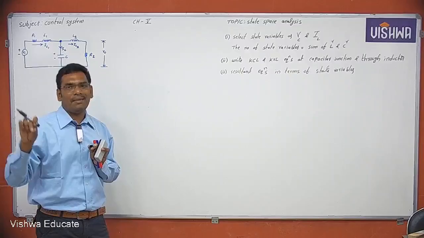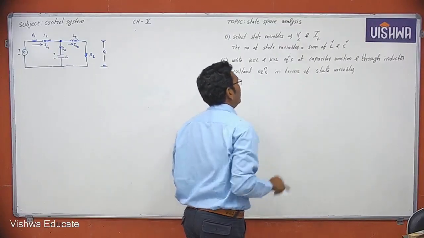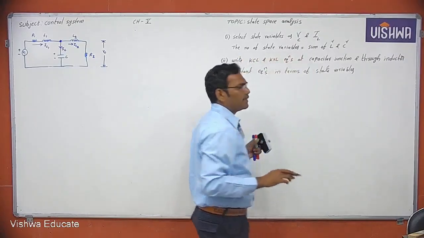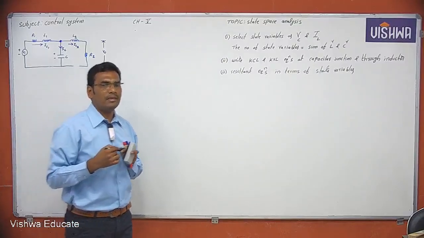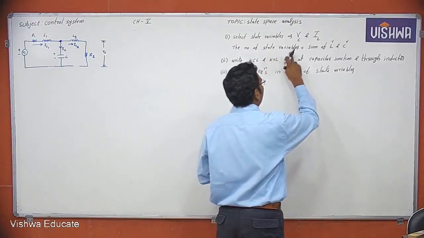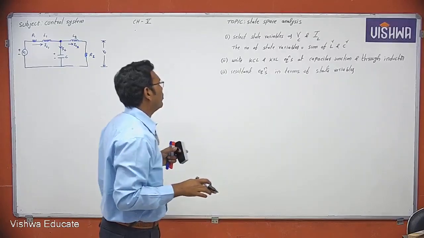You already know that the number of state variables is the number of inductors and capacitors, because a storage element's state variable represents the memory. That is the first point.